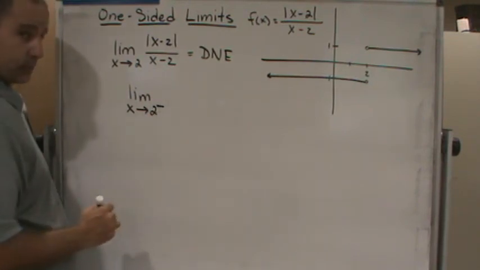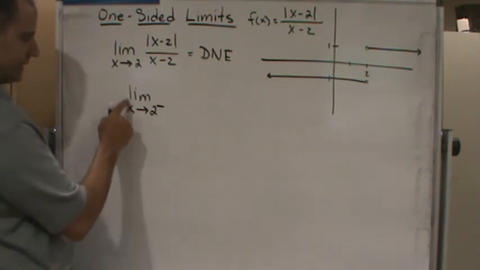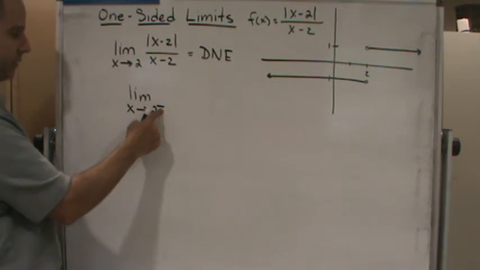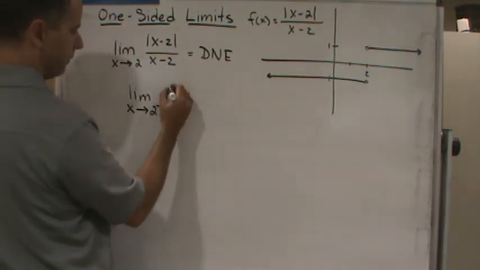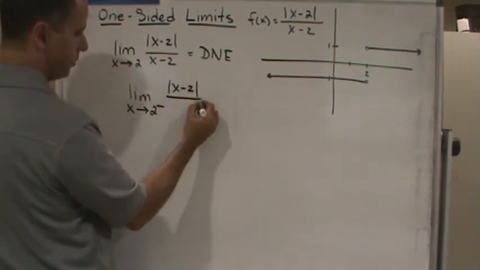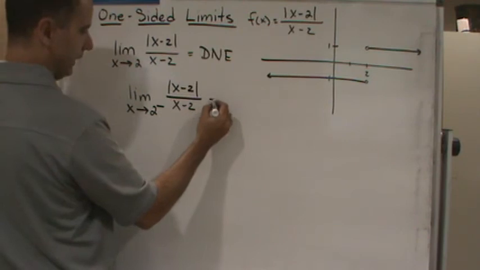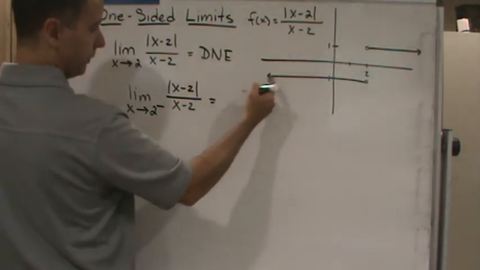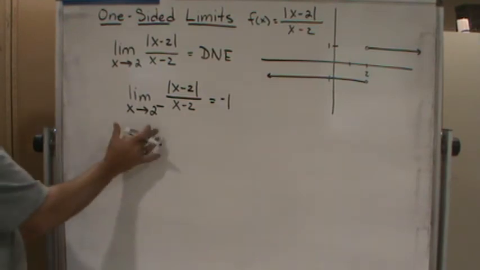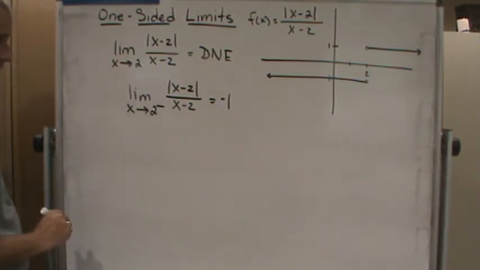The way we read this is the limit as x approaches 2 from the left of the absolute value of x minus 2 divided by the quantity x minus 2 would equal what? Well, from the left, it's going to be -1. So this would be an example of writing symbolically a one-sided limit.